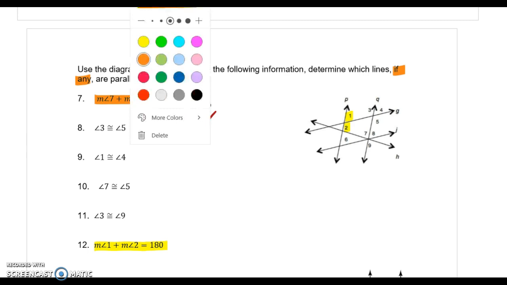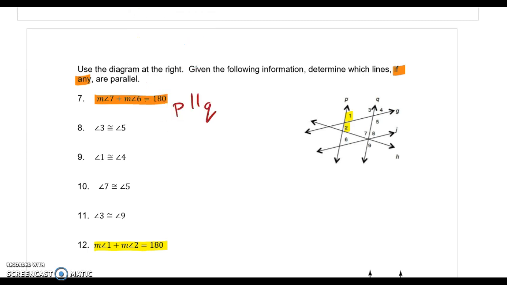If I look closely, these two here form a linear pair. Two angles that add up to 180. That's a linear pair. So the two lines that are touching it are P and G, and there's no other.